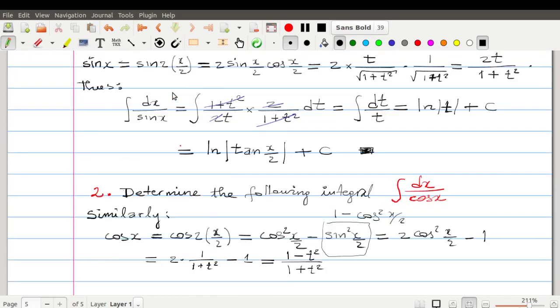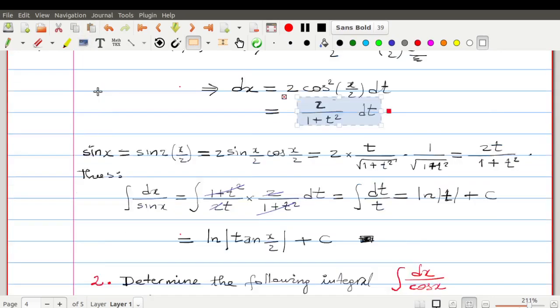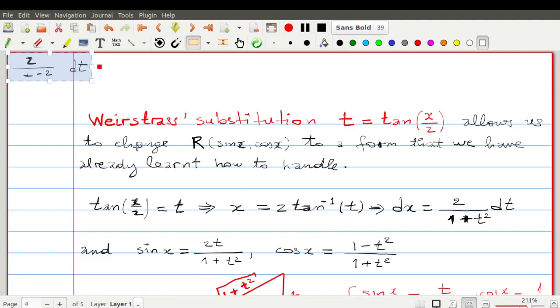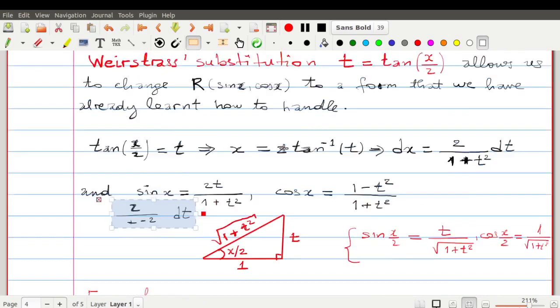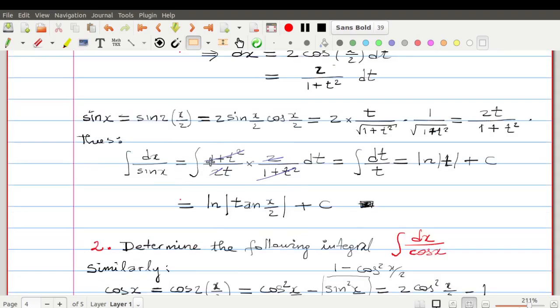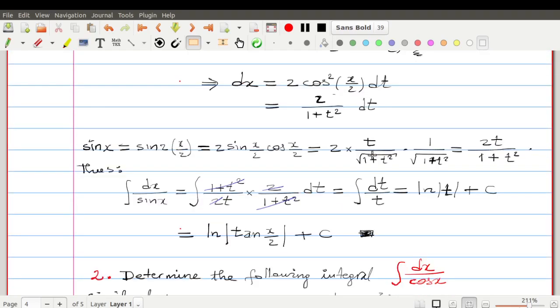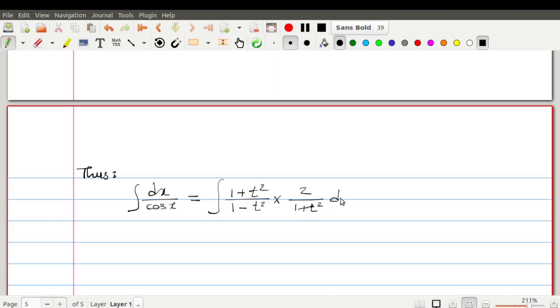And we know already the expression of dx: this entire expression, 2 by 1 plus t square dt.